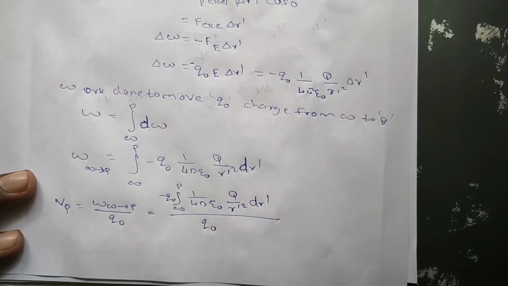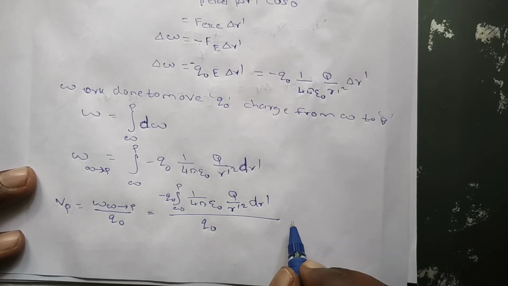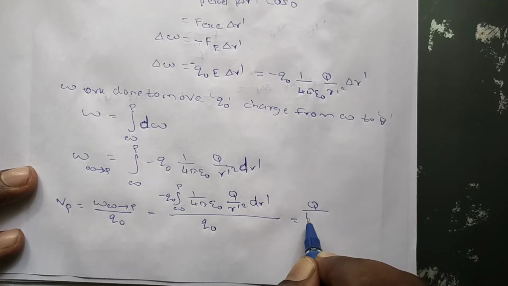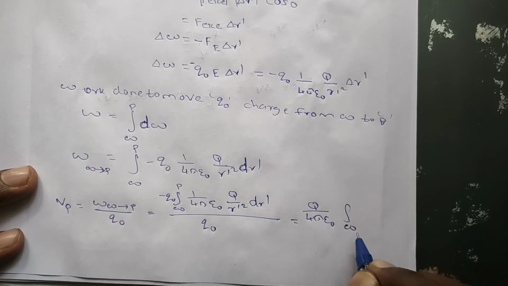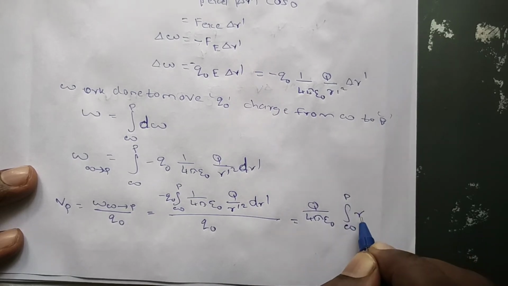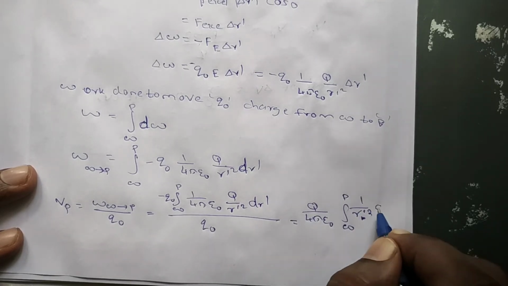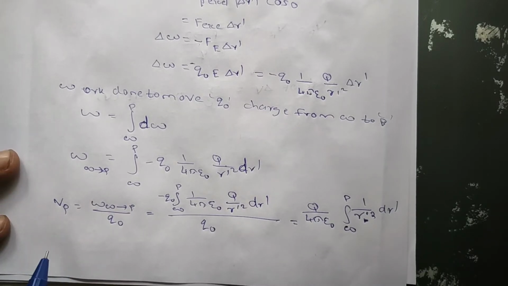This Q naught and Q naught cancel. What is remaining? Integration of 1 by 4 pi epsilon naught Q by R dash square. Here Q by 4 pi epsilon naught is a constant. We'll take the integration from infinity to P of 1 by R dash square dR dash.